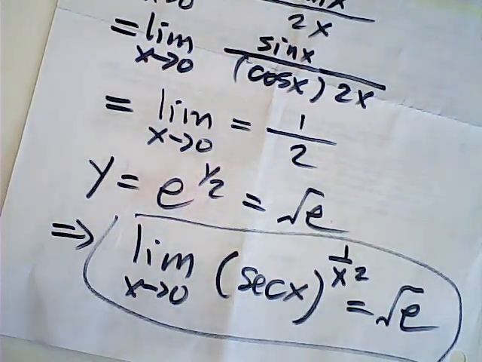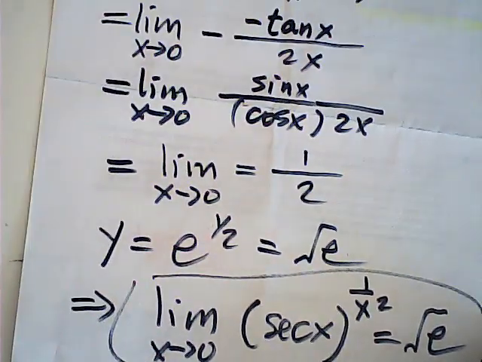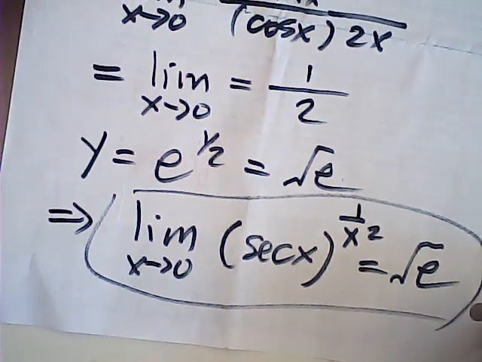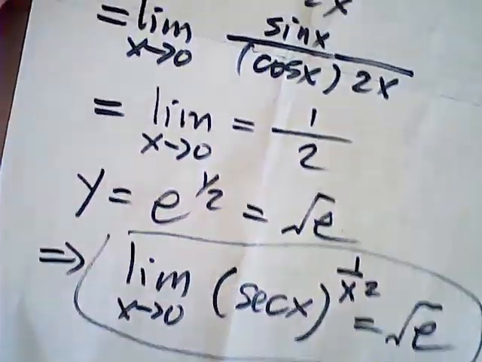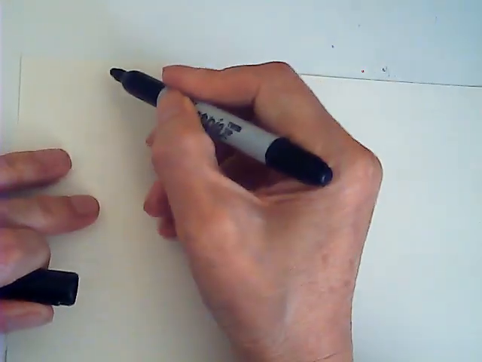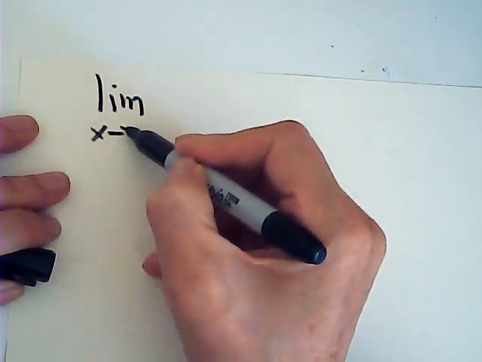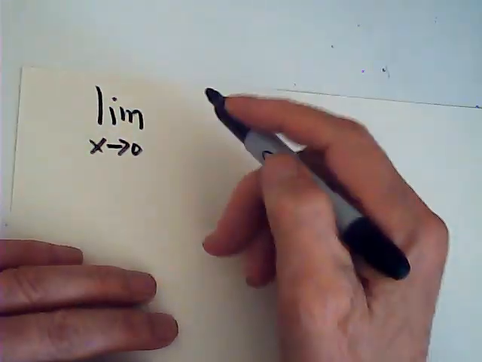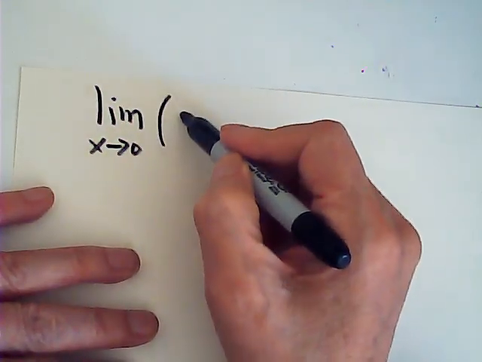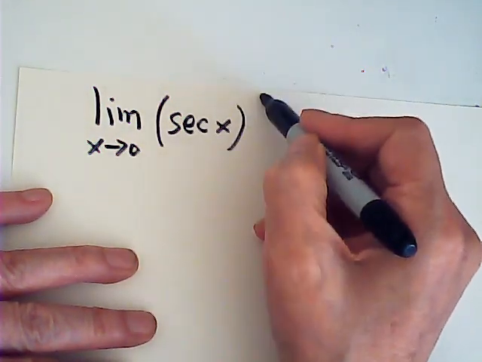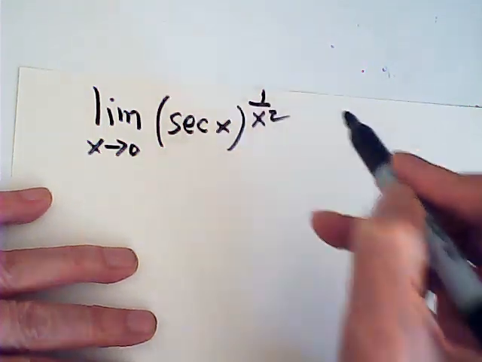Now mainly I want to discuss this question by the second method, in which we don't use L'Hopital. Okay, let me do this one. The limit x goes to 0 of secant x to the 1 over x squared.